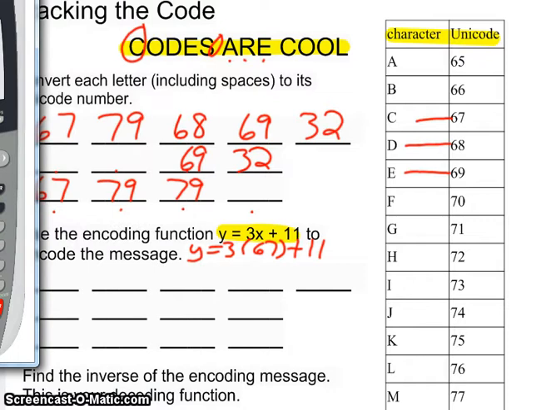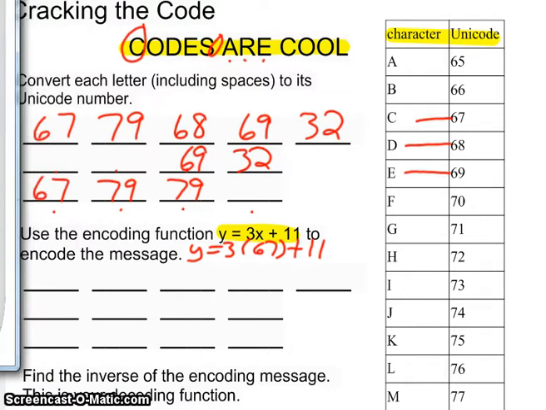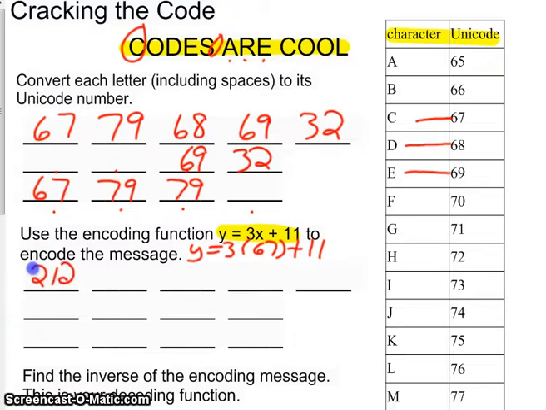I move the calculator out of the way. And so my first C becomes 212, and I can put that number any place a C is. All right, now I'm going to do the same thing for a 79.